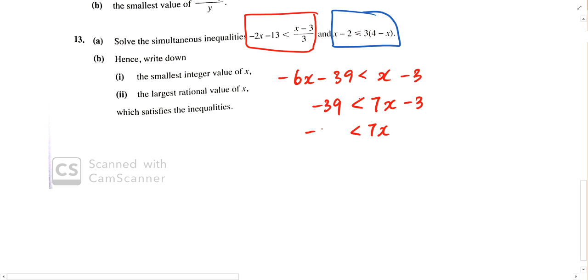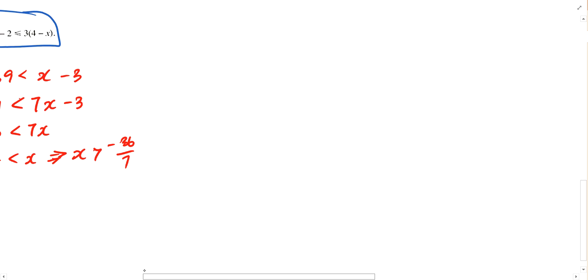So this gives me negative 36. I'm going to divide by 7. So negative 36 over 7 less than x. So in other words, x is greater than negative 36 over 7. And now in blue, because it is a simultaneous, we have to do them at the same time.